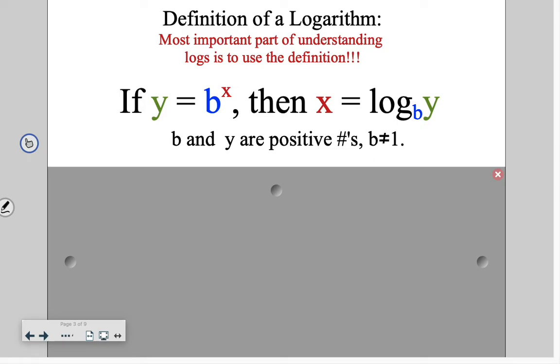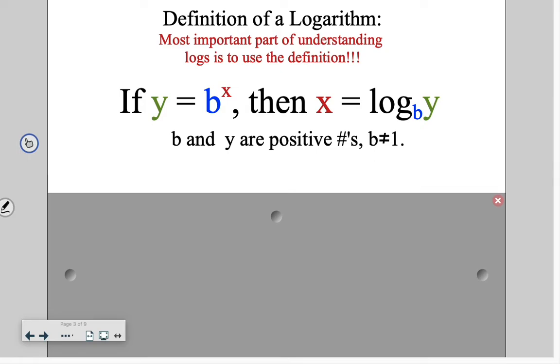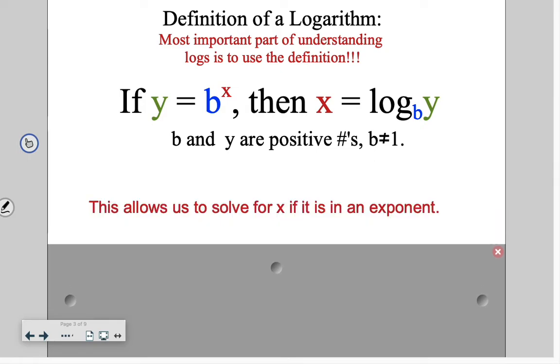Which leads over here. In this case, that means you cannot take the log of a negative number. Okay? When you're in logarithmic form, we said y has to be positive. I can't take the log of negative 5. And we'll talk about why as we go through it in a little bit. Okay? But there's your definition that we're going to go through. And like I said, this allows us to solve for x if it's in the exponent. That's what a logarithm does.